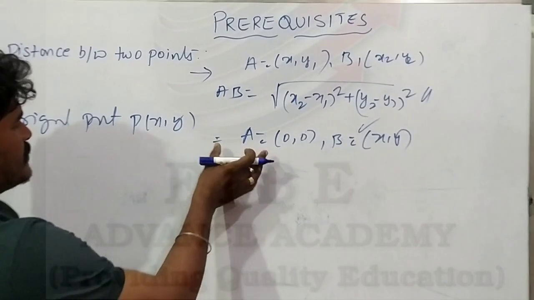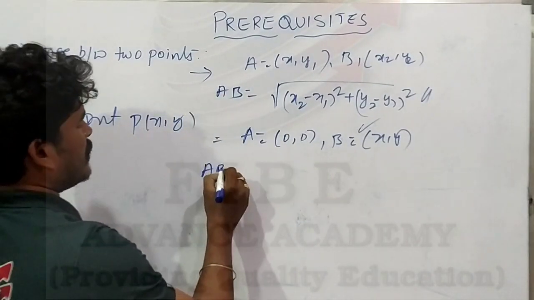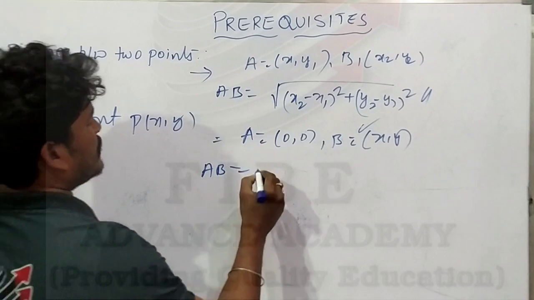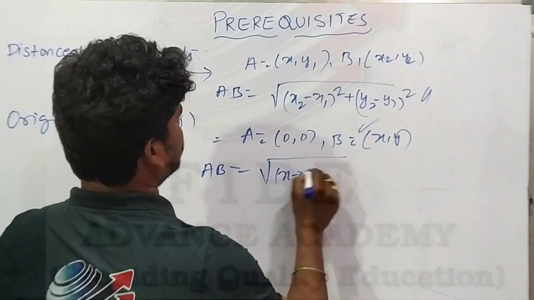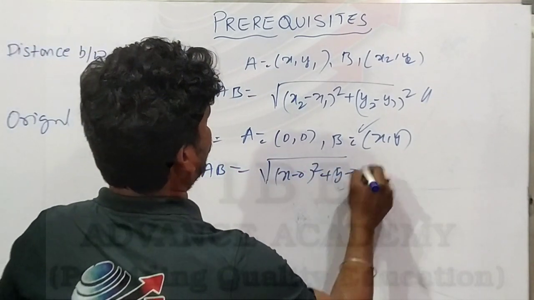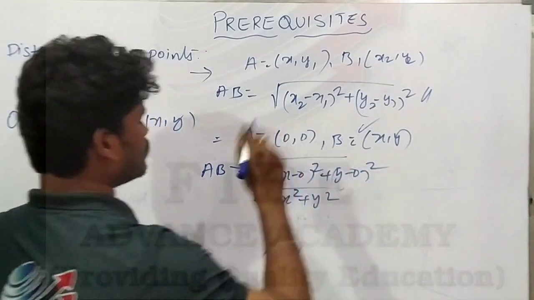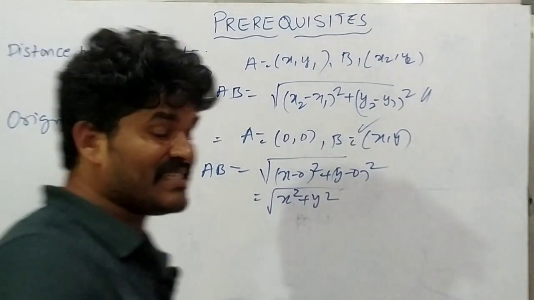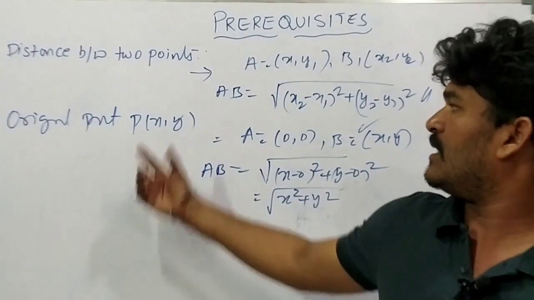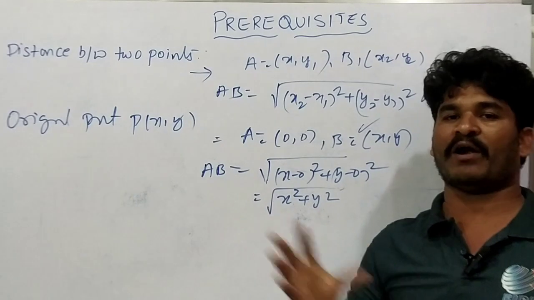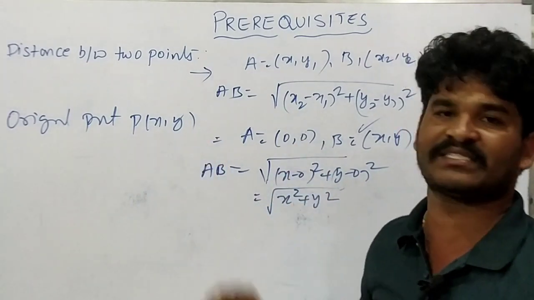Here the origin is A equals (0, 0) and B equals (x, y). Therefore the distance AB equals the square root of (x minus 0) whole square plus (y minus 0) whole square, which is the square root of x square plus y square. This is the distance whenever the origin and a point (x, y) are given.